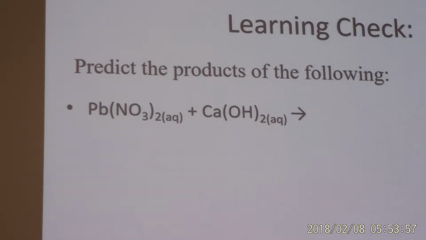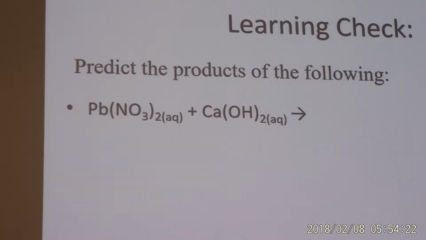Does that make sense? Let me show you. See how we have the hydroxide on there, and there's 2. It's because the calcium had a +2 charge here. So this one, the lead ion, had 2 nitrates. Do you know the charge on the nitrate? -1. That's right.